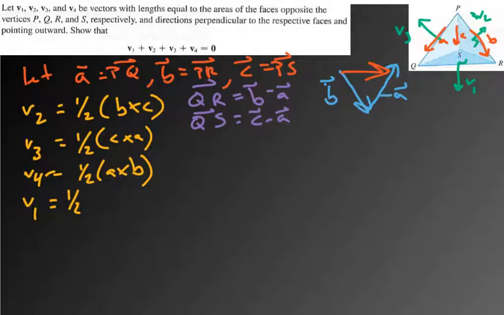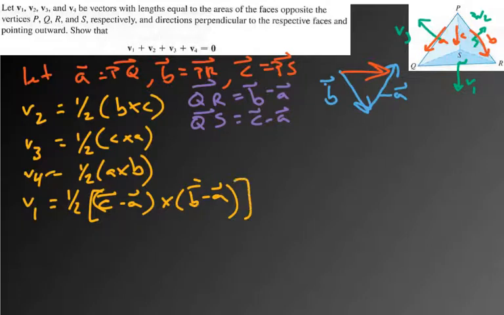So V1 is going to equal 1/2 times C minus A, in parentheses, crossed with B minus A, because QR and QS are two vectors in that plane that V1 pops out of.